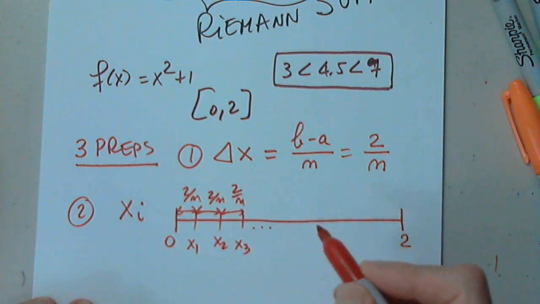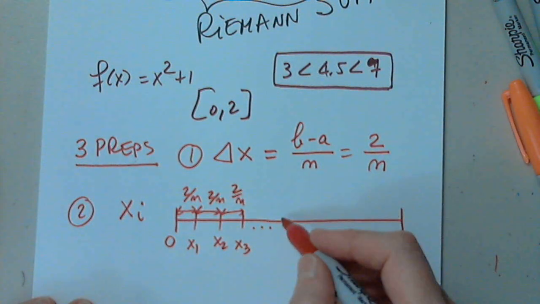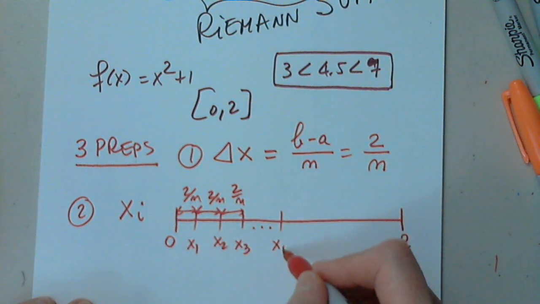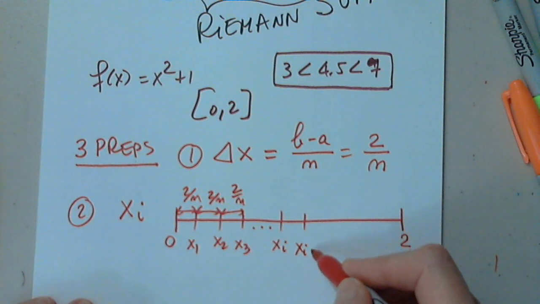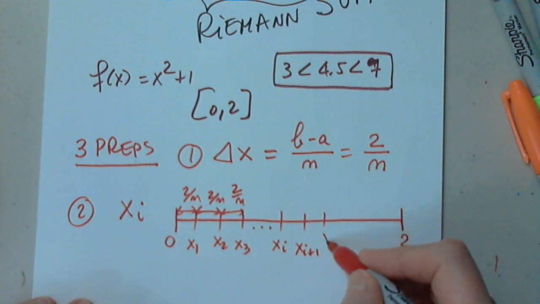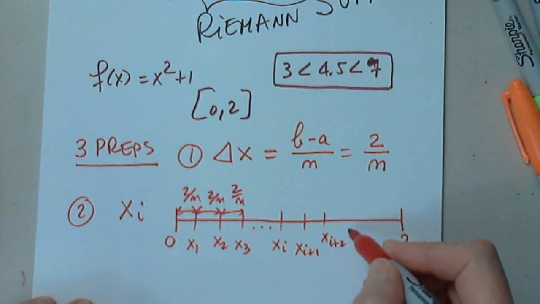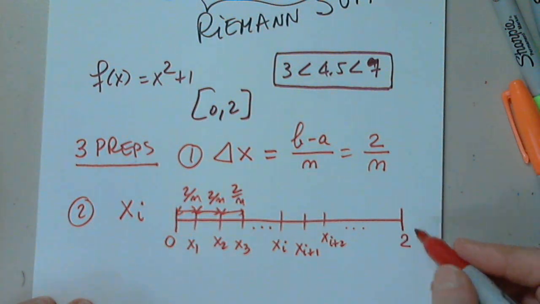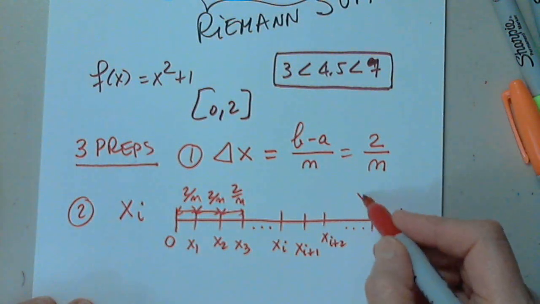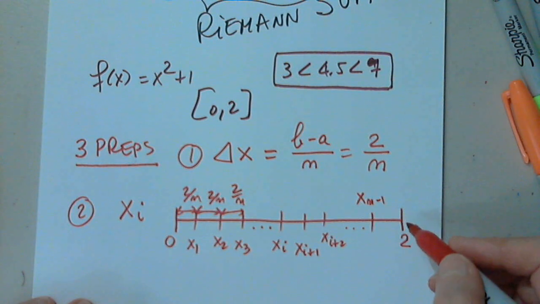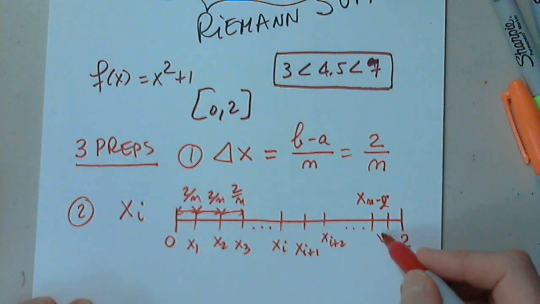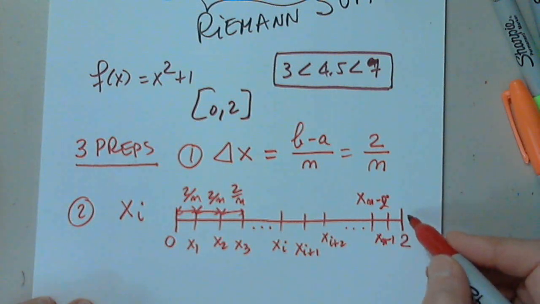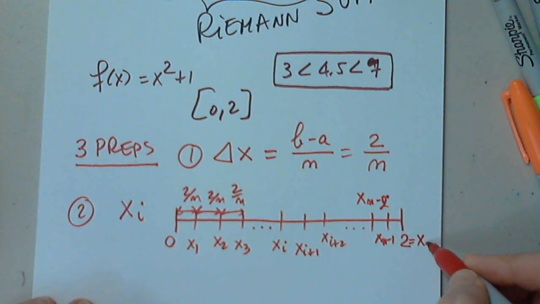Dot, dot, dot, and I got to xi. And then I got to xi plus 1. And then I get to xi plus 2. Dot, dot, dot, and I get to xn minus 1, and finally xn.